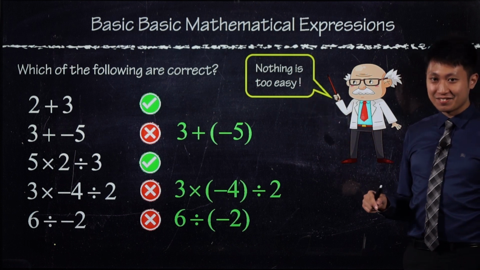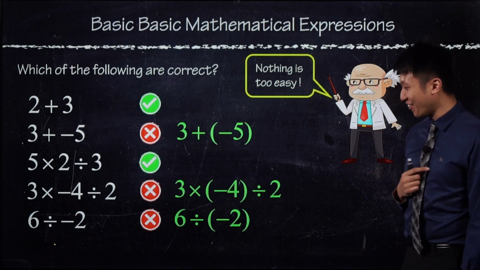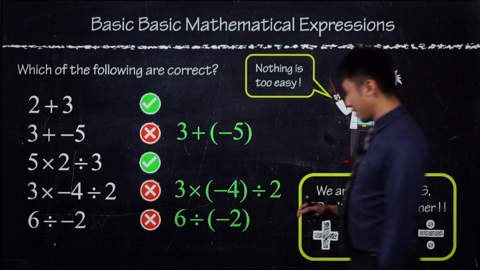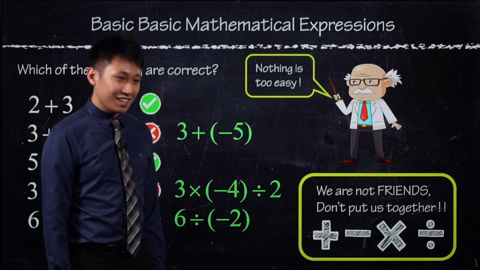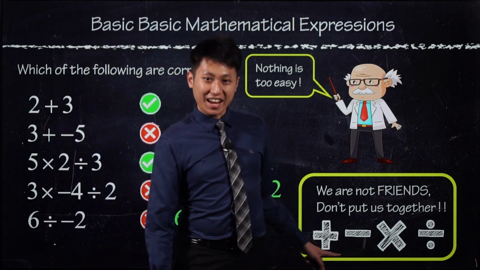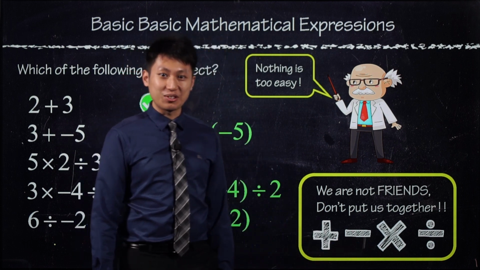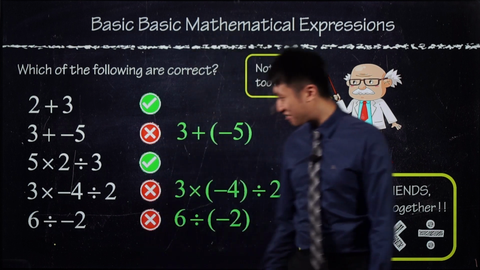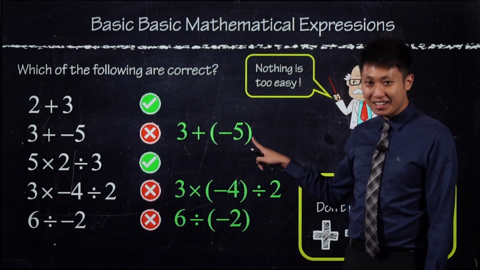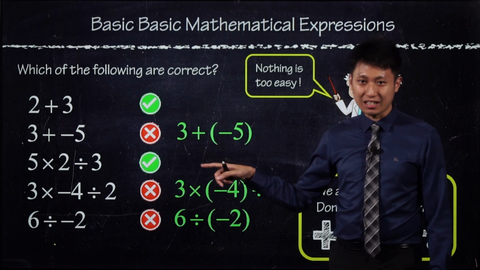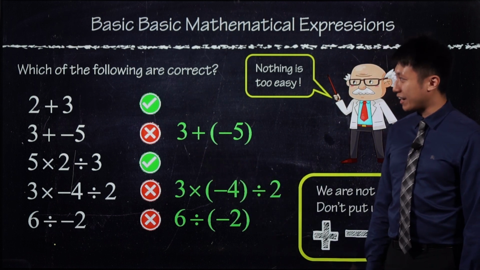To remember, I would say that the signs are not friends, so don't put them together. They need to have some space, just like you and your boyfriend. So you gotta have a bracket here, a barrier between them. Right, let's look at the next one.